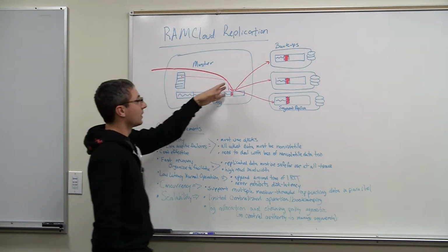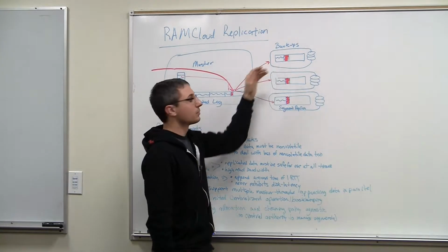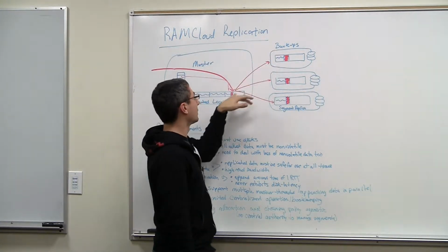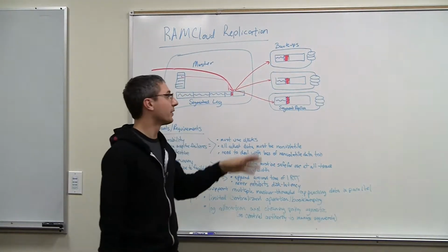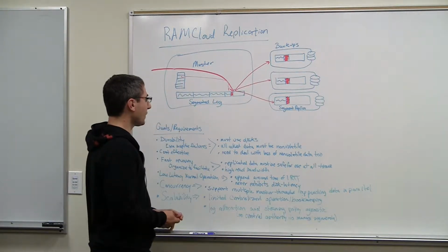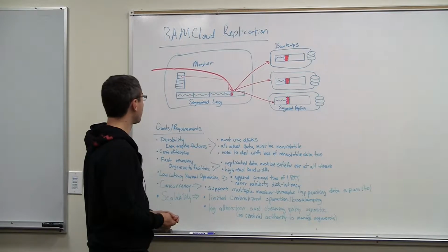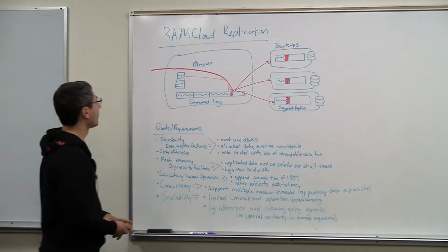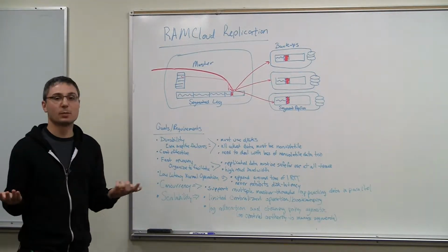As Steve said last time, whenever we append objects to the head of the in-memory log on a particular master, we send the objects out to a few different backups, and they store it.